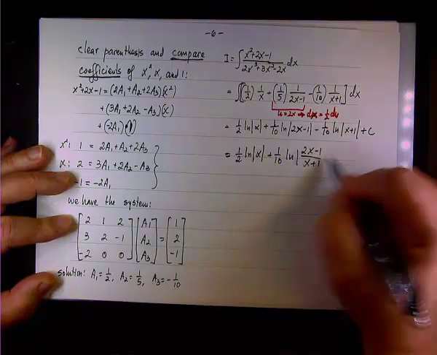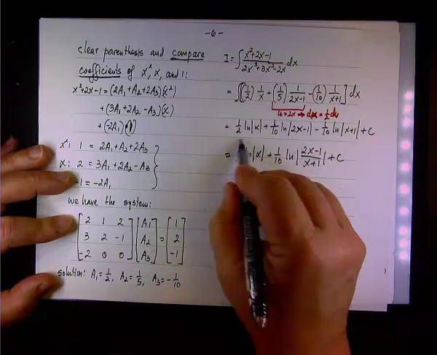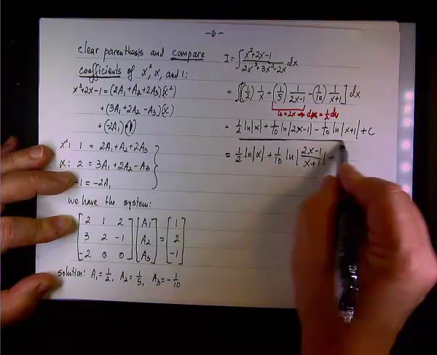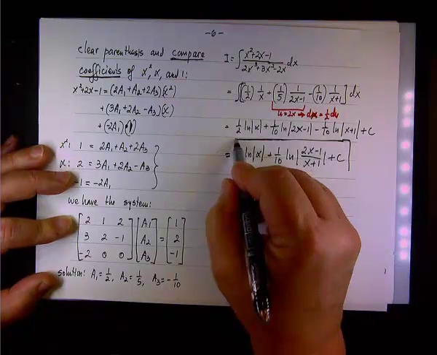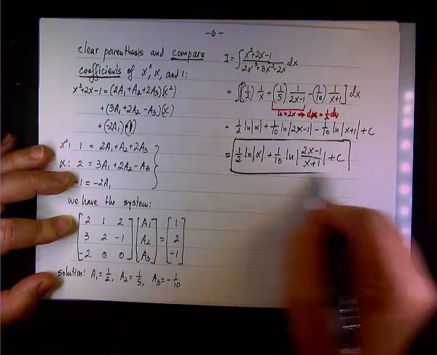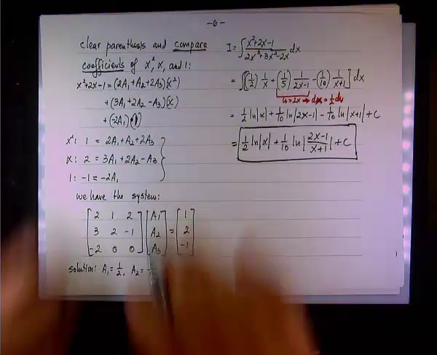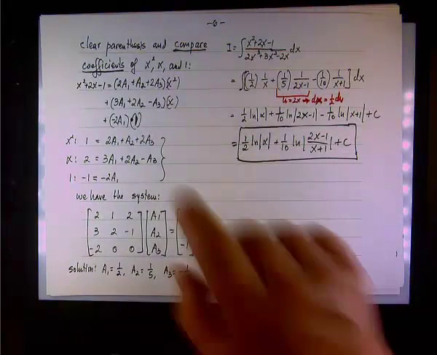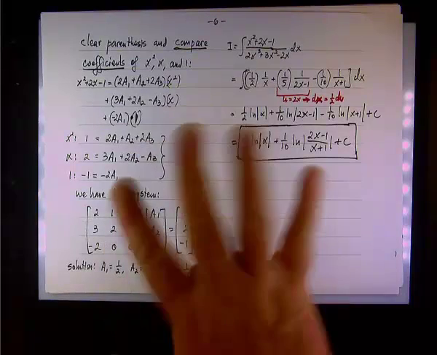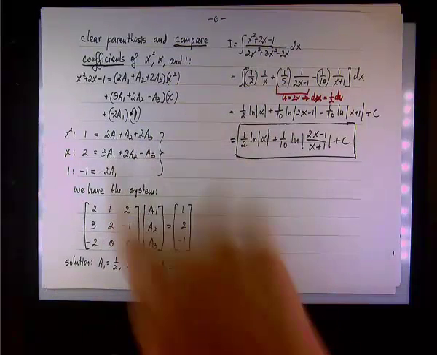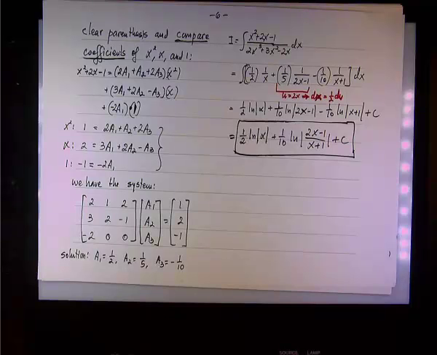And this one will be minus 1/10 natural log of x + 1, plus c. Notice these two components have 1/10 and 1/10, but here we have natural log of 2x − 1 minus natural log of x + 1. We can simplify it. Please do simplify and get plus 1/10 natural log of (2x − 1) over (x + 1), plus c.